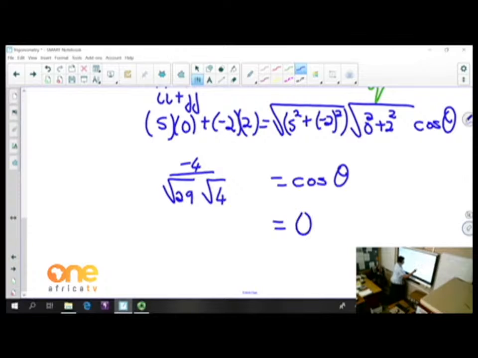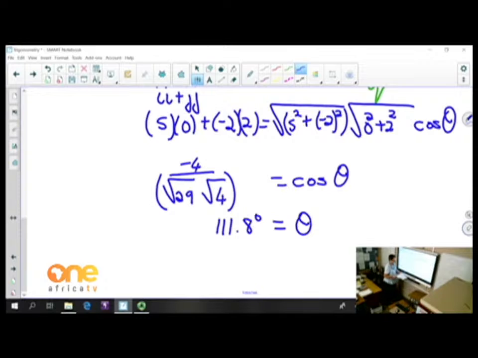And now to get that angle, you will say negative 4 divided by square root of 29 times square root 4, and then remember to find the angle, it's a second function. So you have to press second function cosine to get the angle there. And this angle is then 111.8 degrees.